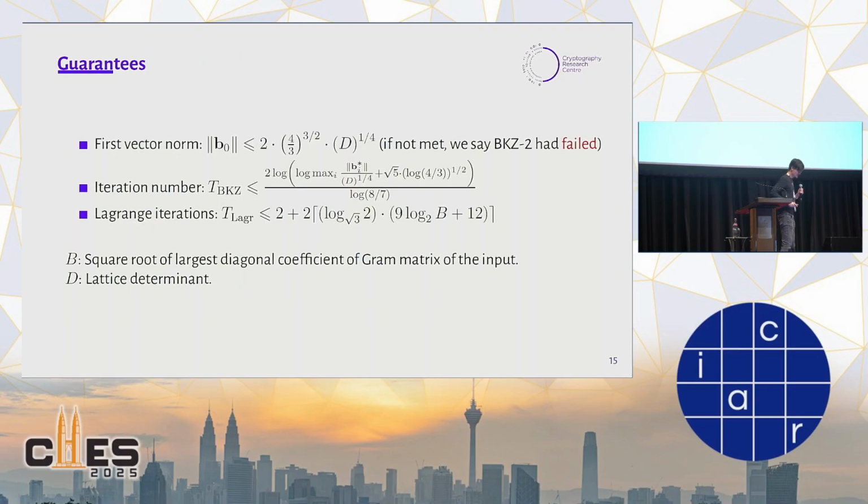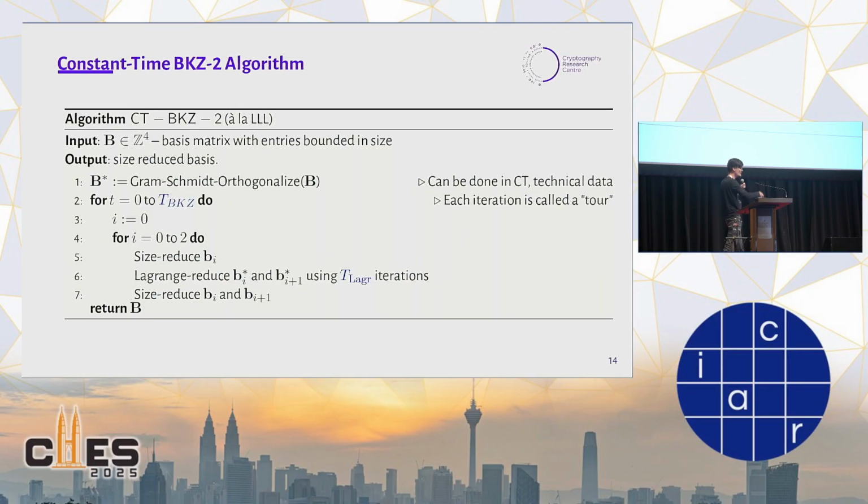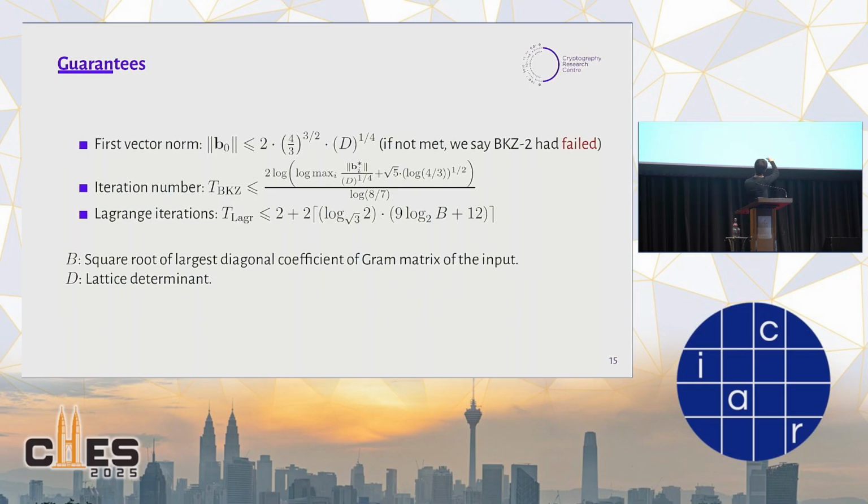Now about the values of the numbers I have mentioned. If we get this many BKZ tours, the number of iterations of the outer loop, and that many Lagrange iterations, then we can get a bound on the norm of the first basis vector.